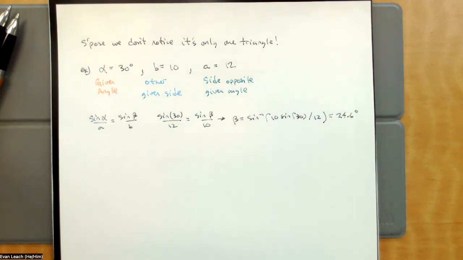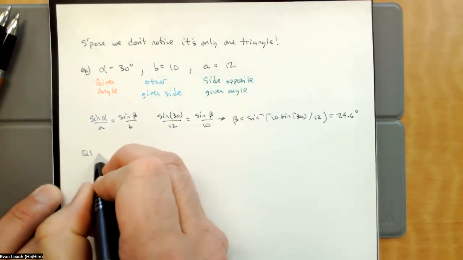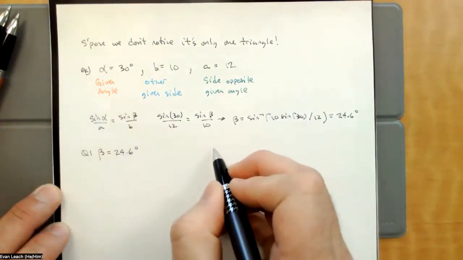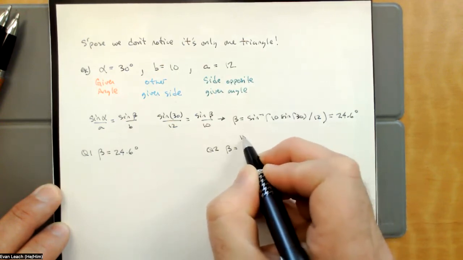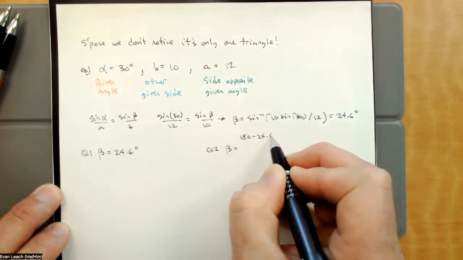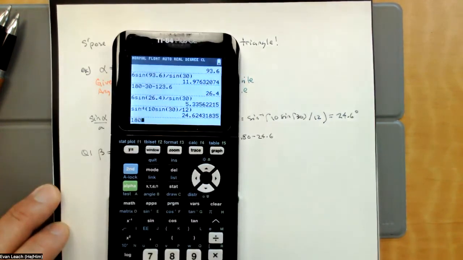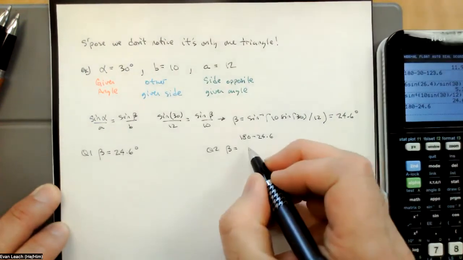Because if you get an angle for beta, just automatically put it into the second quadrant. So our beta in the first quadrant is going to be 24.6, and our quadrant 2 beta is going to be 180 minus 24.6, which is 155.4.